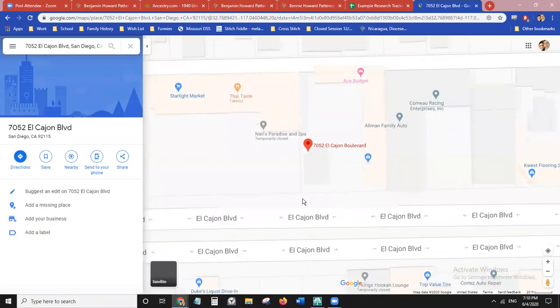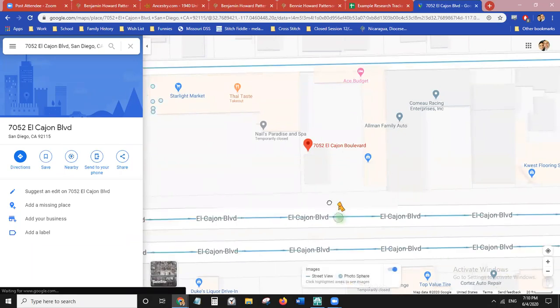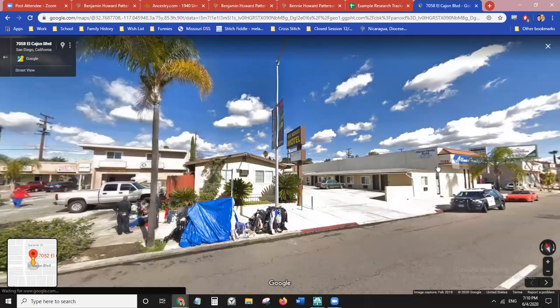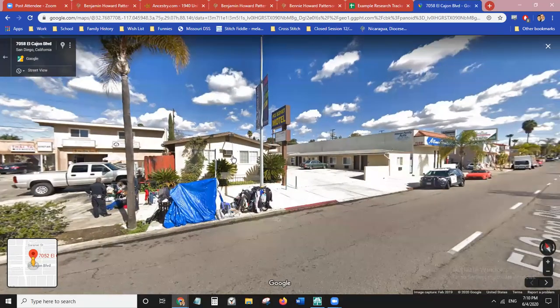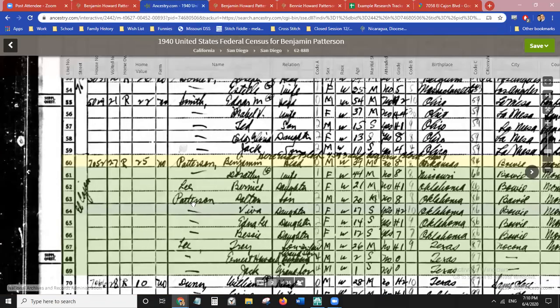Looks like there's this little building. It doesn't look like they have a street view, but maybe it's that little house right there. I like to look that up if they have an address, just to see where my ancestor lived. The later censuses typically have that. Then they also have the home value. They do not live on a farm.